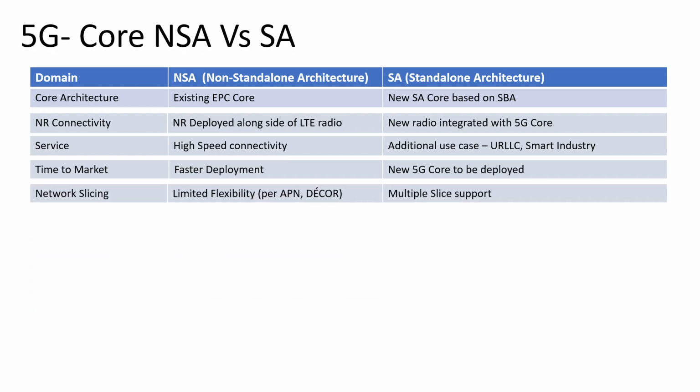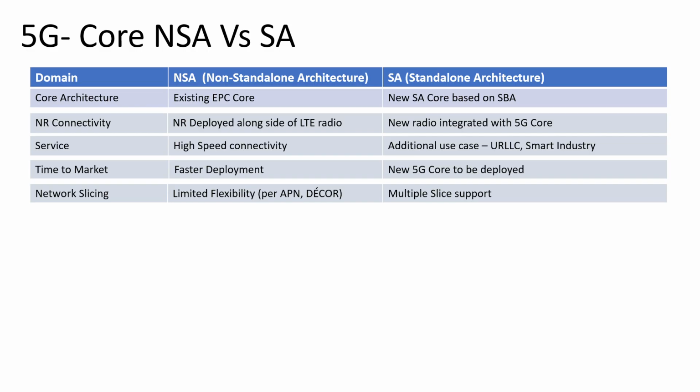Network slicing. In non-standalone architecture, as we are using the existing EPC, network slicing will not be supported. You can use the existing network and differentiate based on APN, based on dedicated core, or based on usage type, but that is very limited flexibility in terms of slicing. It's not end-to-end slicing.